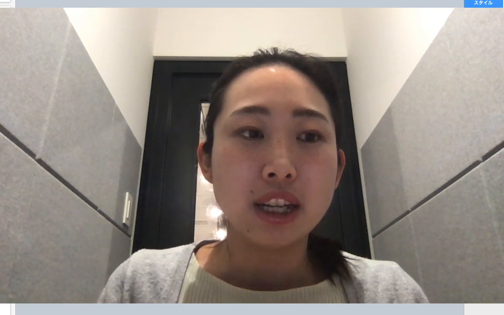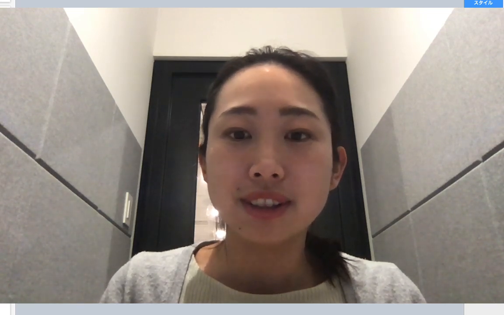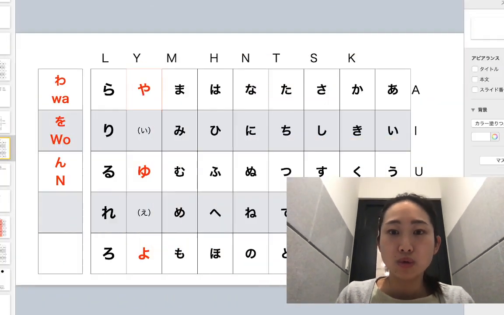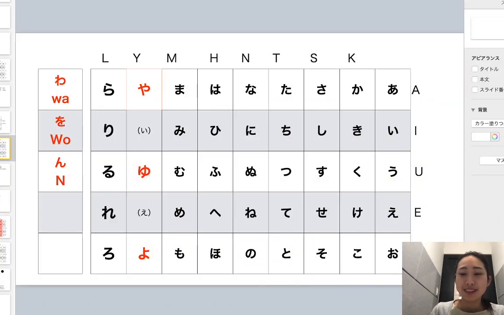Great. So before, we learned this. We actually completed most of the basic hiragana already.